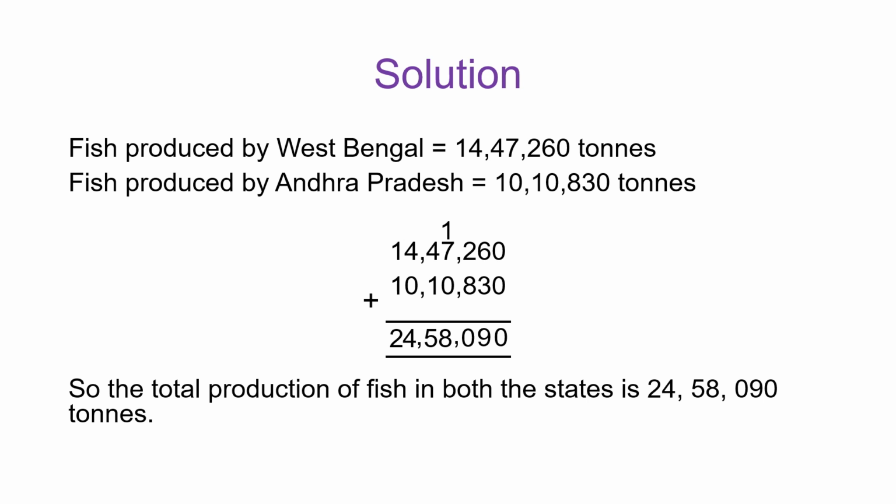So the total production of fish in both the states is 24,58,090 tons.